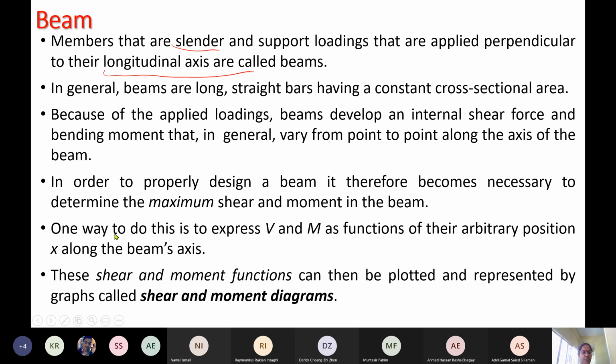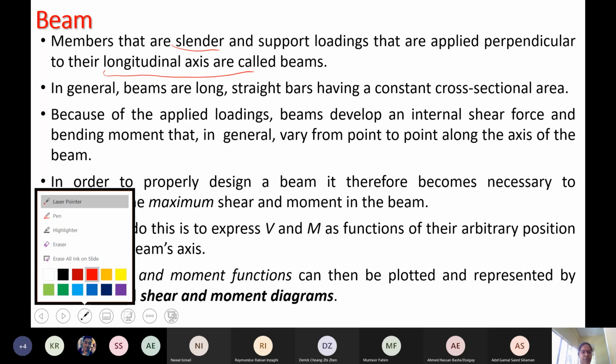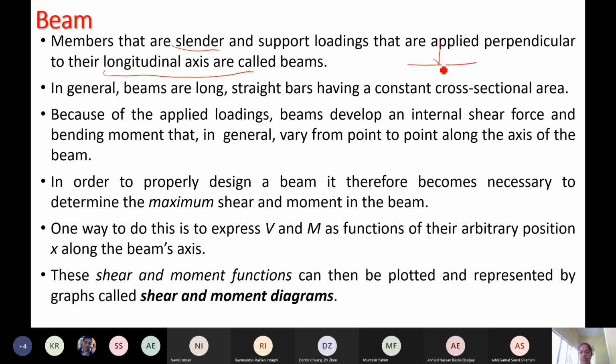Then it is called a beam because it is going to support the load borne along the longitudinal axis when there is an applied load perpendicular to the beam. And in general, beams are long, straight bars having a constant cross-sectional area.